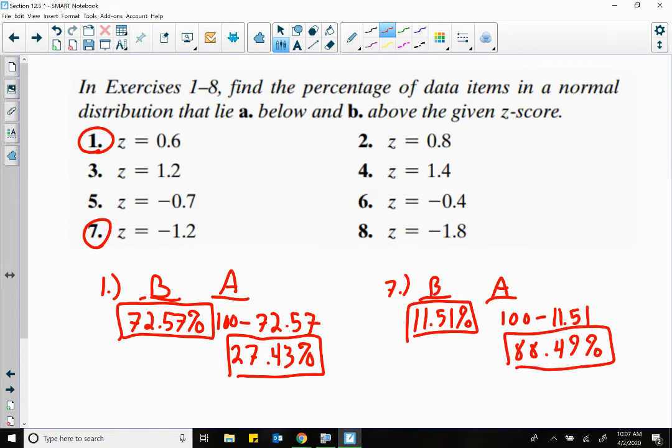Let me give you 2 to try on your own real quick. Go ahead and do number 8 and number 2. Give those a shot, pause the video, and go.